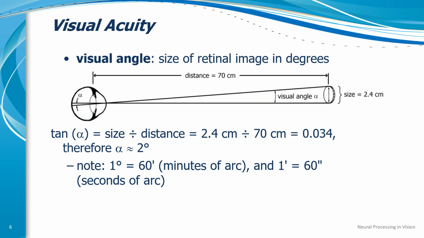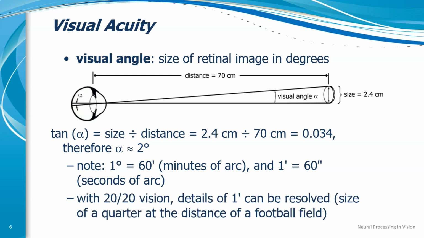Now, the reason I'm bringing up these minutes and seconds and not going with decimals, again, by convention, is that vision science uses this. And it also turns out that there are some pretty neat ways that these things work out. If you have 20/20 vision, either normal or corrected to normal vision, you should be able to make out details of 1 minute, and this is the equivalent of seeing a quarter at the distance of a football field.